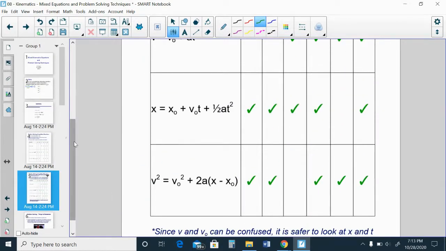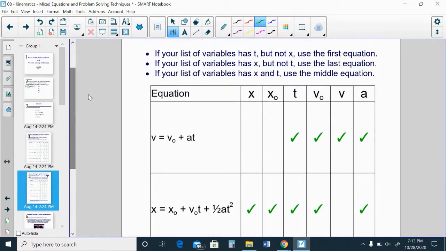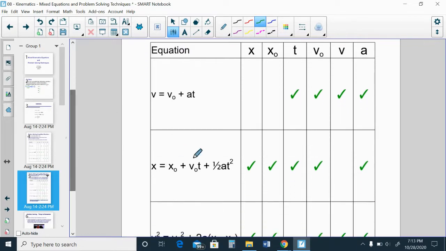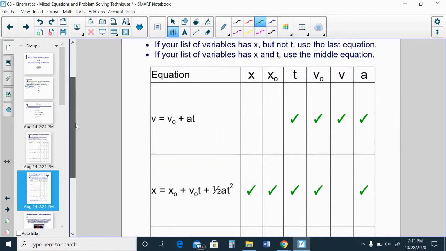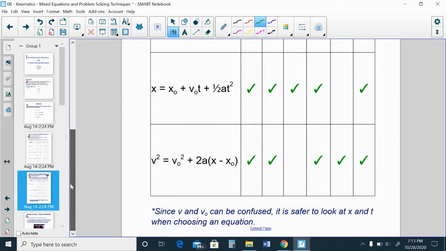If you see both position and time, use the middle equation, the second one. Since final velocity and initial velocity can be confused at times, it is safer to look at position and time when choosing an equation.